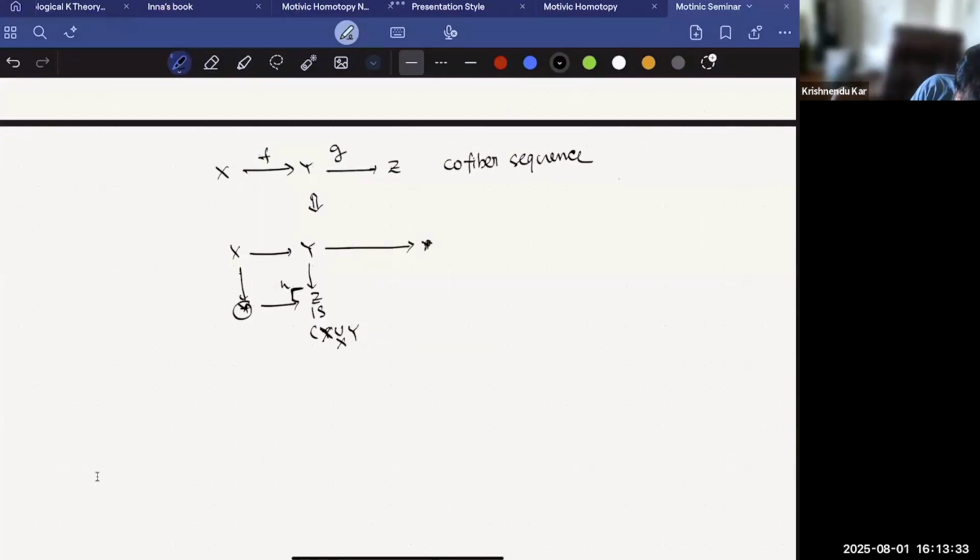What did you get? You will get suspension of X again by pasting lemma of homotopy pushouts. That means that this guy over here is stably equivalent by homotopy push out to this guy, CY union CY.